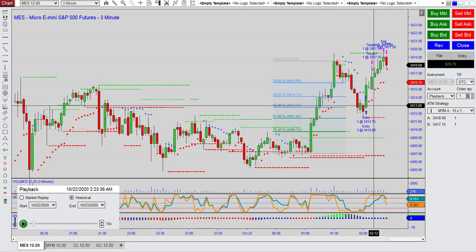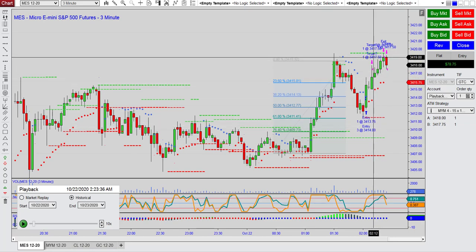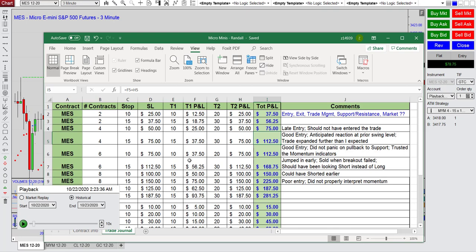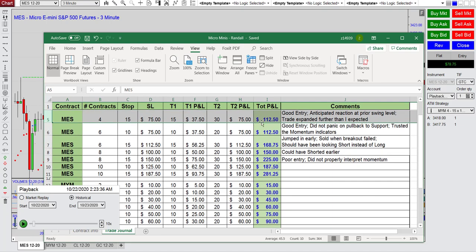So we got 34.14, 34.17 and a half for target one. That's 2.5 times, this is 50. Whoops. Let's go here. That's what we're looking at. 15, 15.